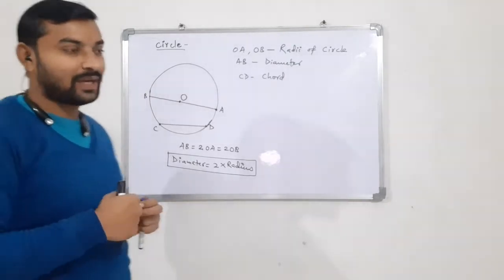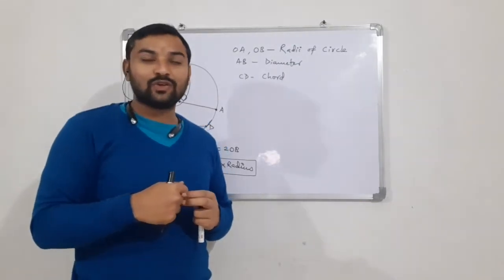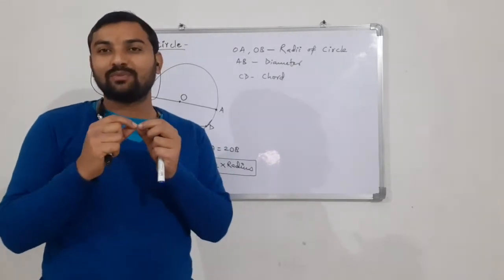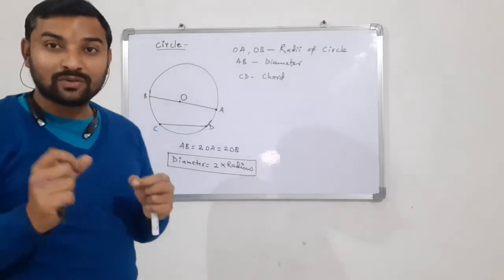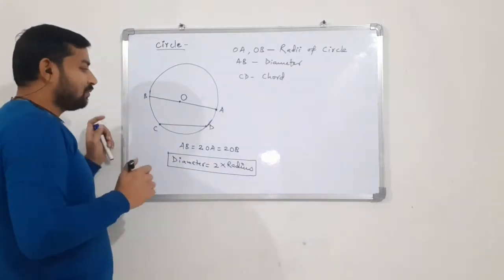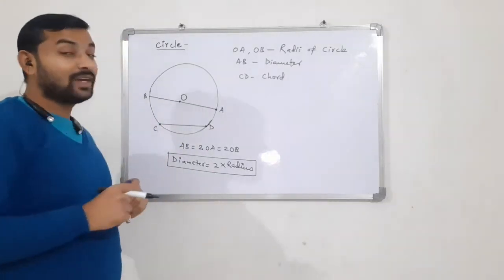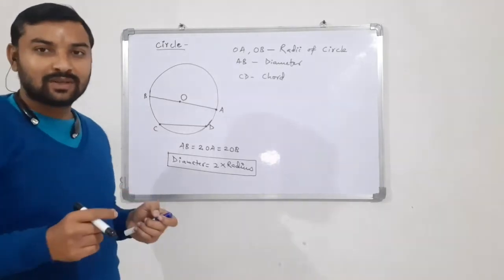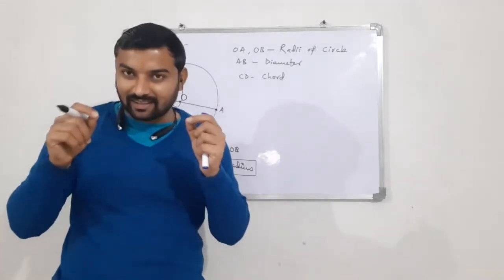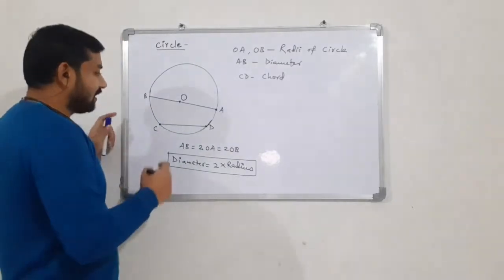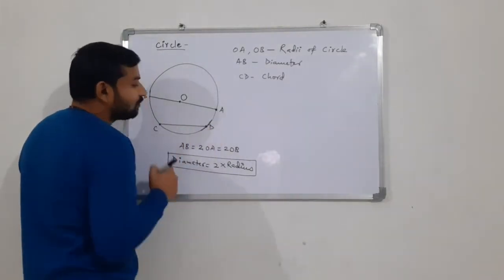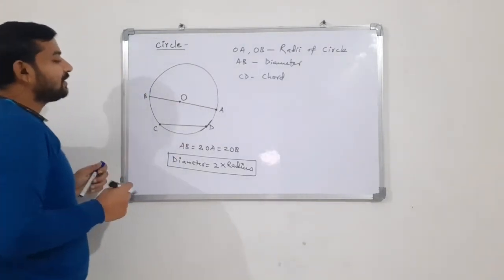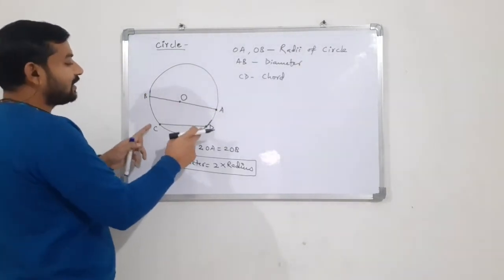Means they should not be adjacent points. अगर वो points बिल्कुल पास में होंगे, adjacent points होंगे, as we know that there are infinite points on the circumference of the circle, we have to consider 2 non-adjacent points on the circumference so that we can get a line segment. So this line segment which is joining any 2 points on the circumference is called chord of the circle, and we can say AB is also the same like CD.